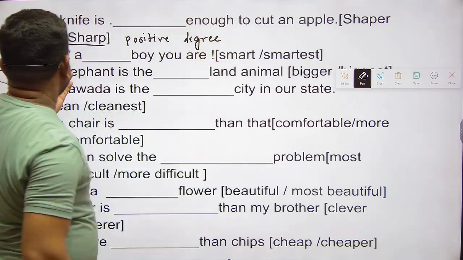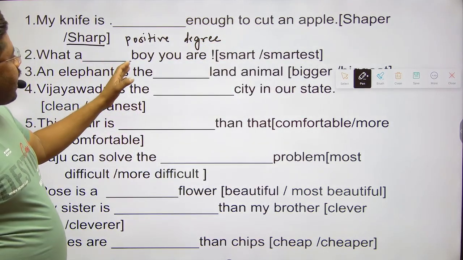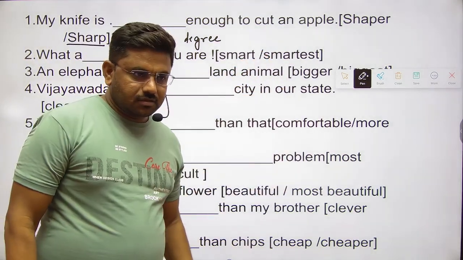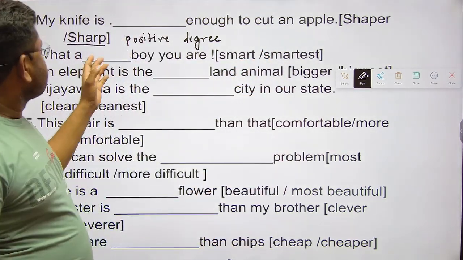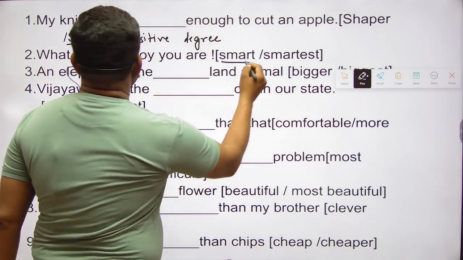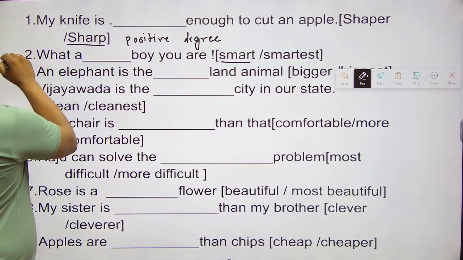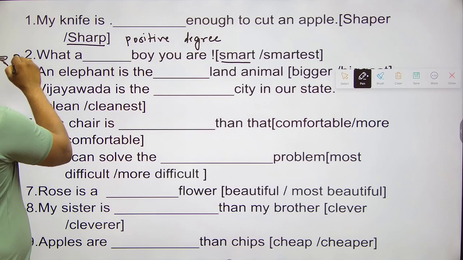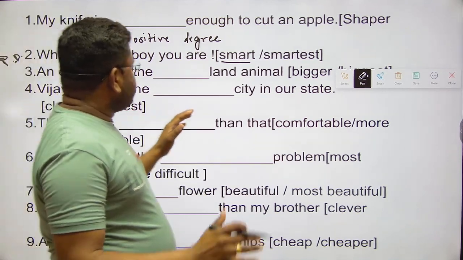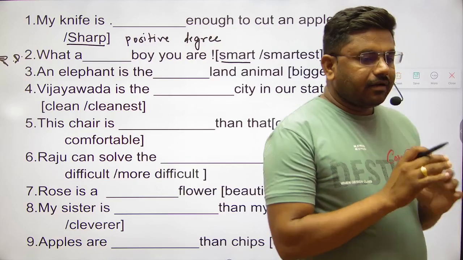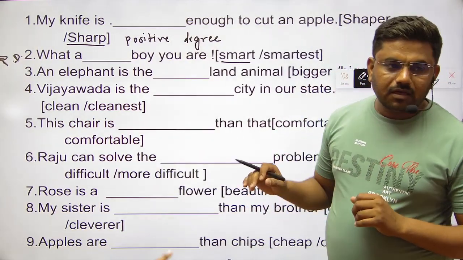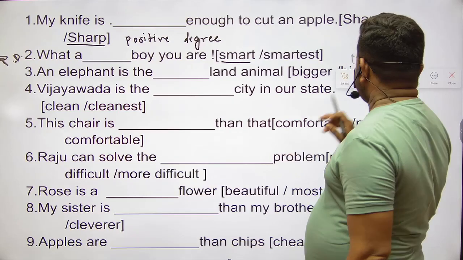Now see the next one. What a dash boy you are. Smart or smartest? What a smart boy you are. This is another example of the positive degree, or we can write PD also. An elephant is the dash land animal.